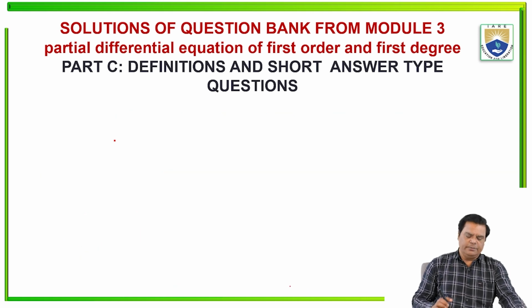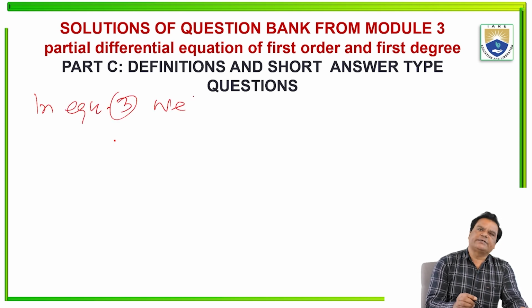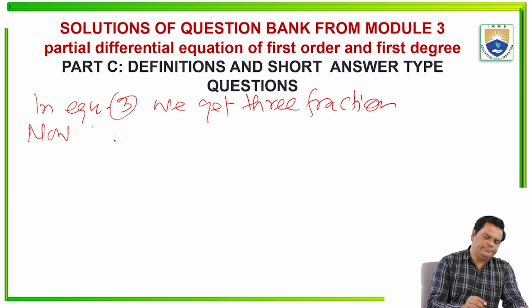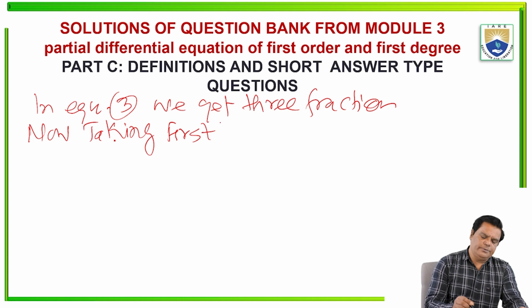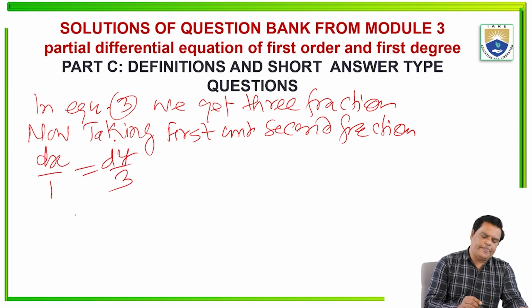In equation 3, we get three fractions. Now taking first and second fraction. First fraction dx upon 1 equal to dy upon 3.